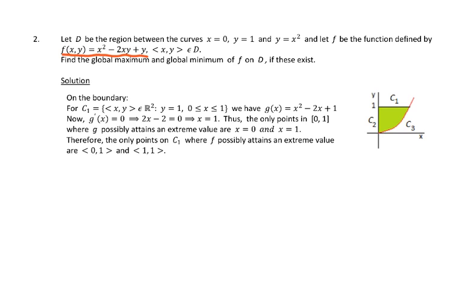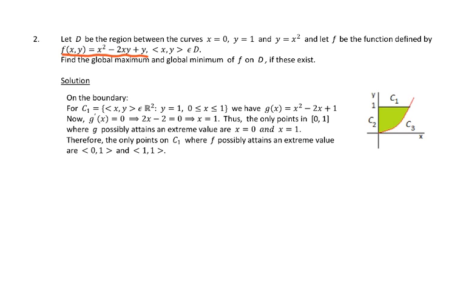Again, you must remember that g can only have extreme values at the endpoints of the interval or at the critical points. We calculate the derivative and find that the only critical point is at x equals 1, which is also an endpoint. Thus, the only points in [0, 1] where g possibly attains an extreme value are at x equals 0 and x equals 1.